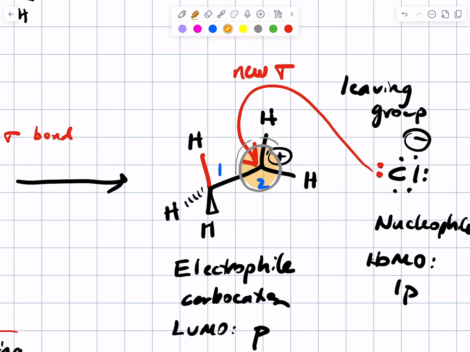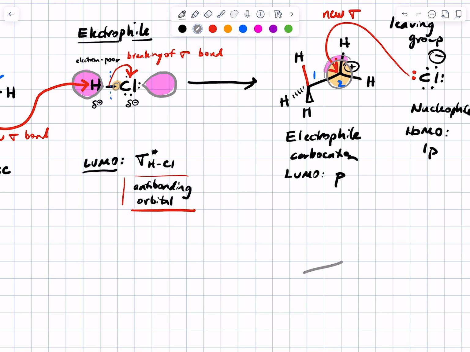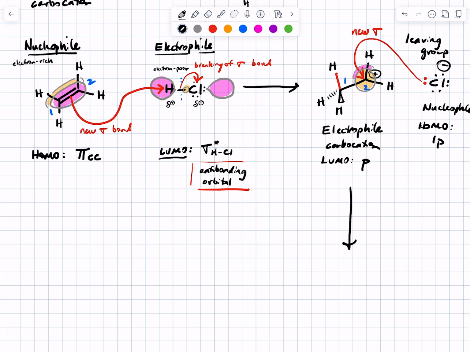That's the LUMO that you're referring to. When chloro attacks that empty p orbital, the product should be this, where we now have a new carbon-chlorine sigma bond.